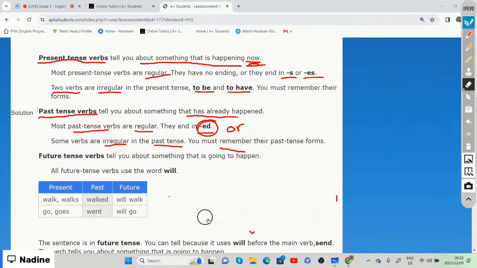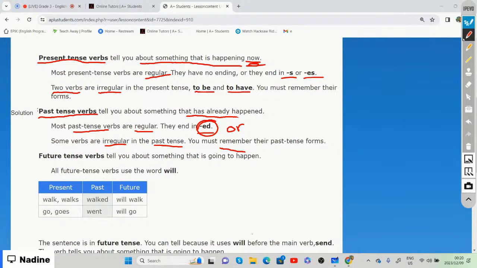Before I continue, so I can continue. All right, then we're moving on.